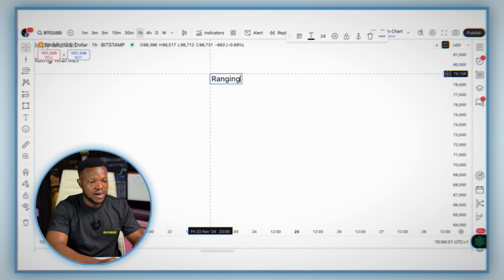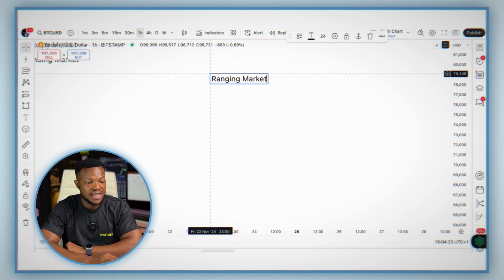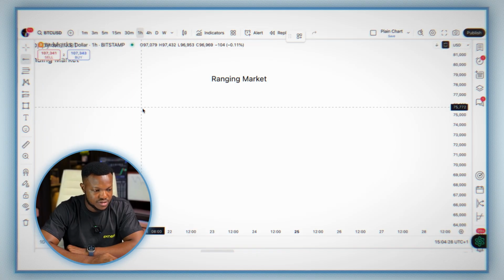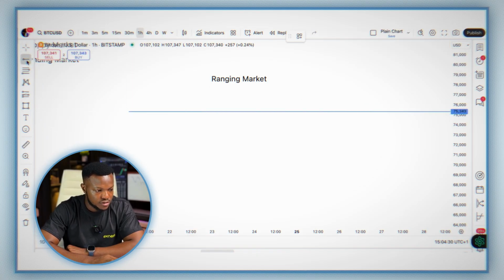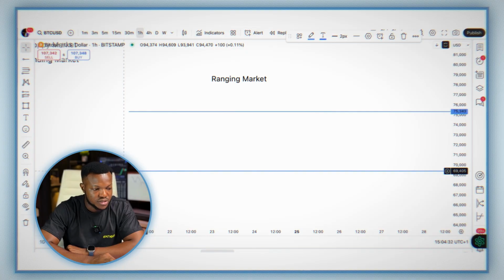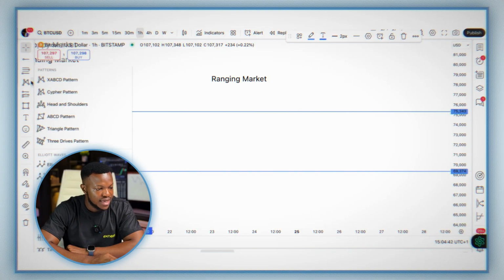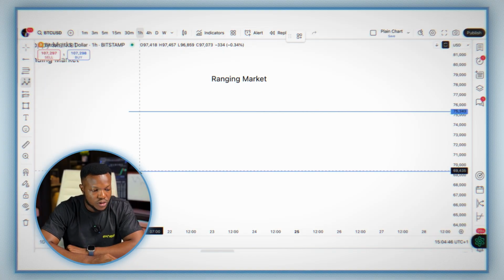Now, let's look at the ranging market and see how we can identify it on the chart. So the ranging market is a market structure characterized with equal highs and equal lows. So let's simply bring horizontal ray tool, put at the top, and also put another one at the bottom. When we talk about equal highs and equal lows, it simply means that price gets to a particular level at the top and rejects from that level and gets to a level at the bottom and rejects from that same level, not breaking the previous one.